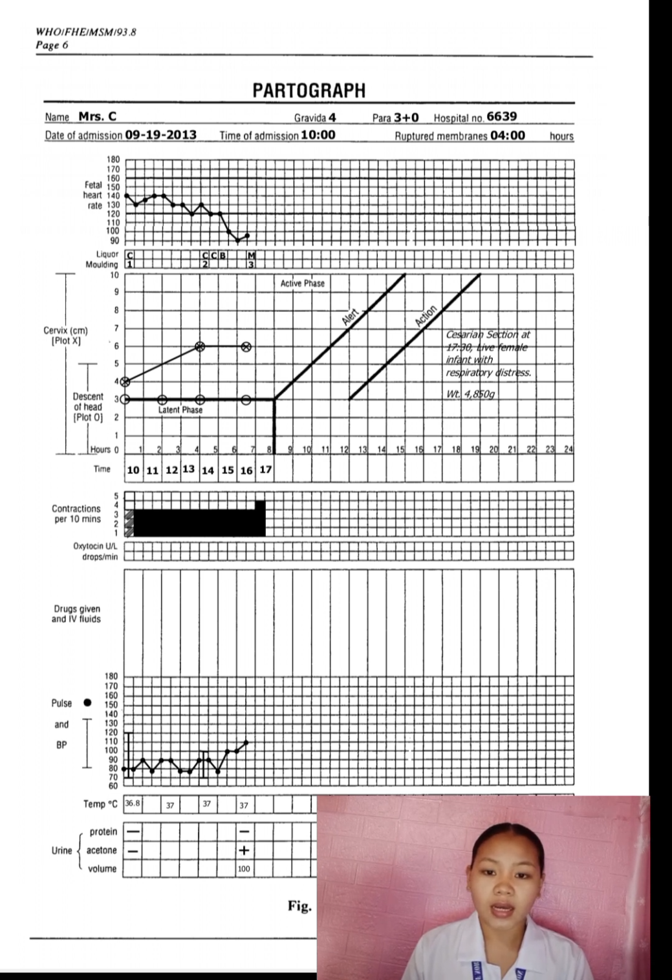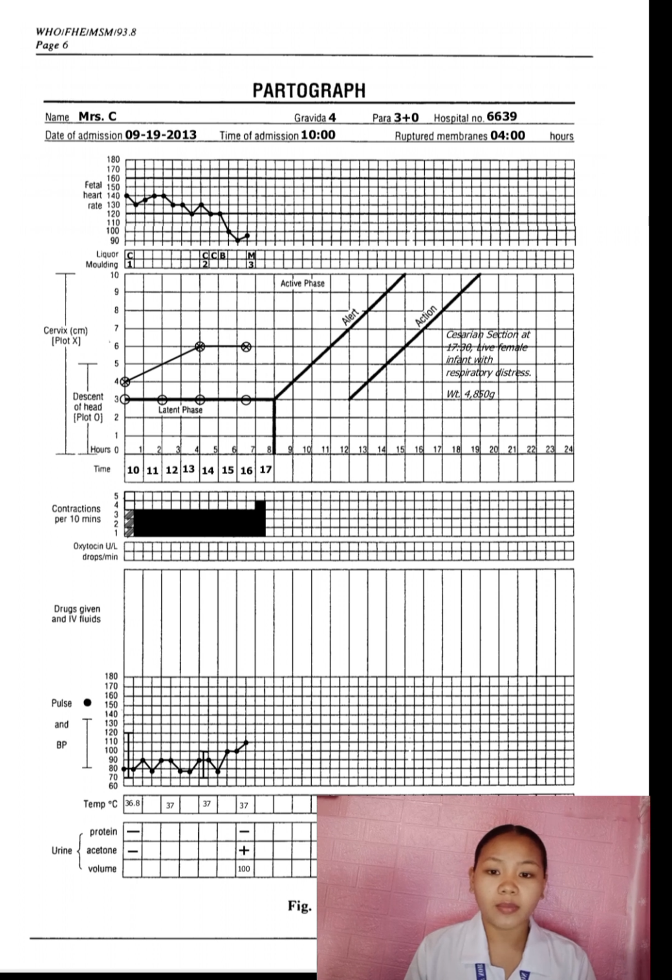The first thing we need to monitor here is the cervical dilatation of the mother during labor. Along the left side, there are squares from 0 to 10, each representing 1 centimeter of dilatation.